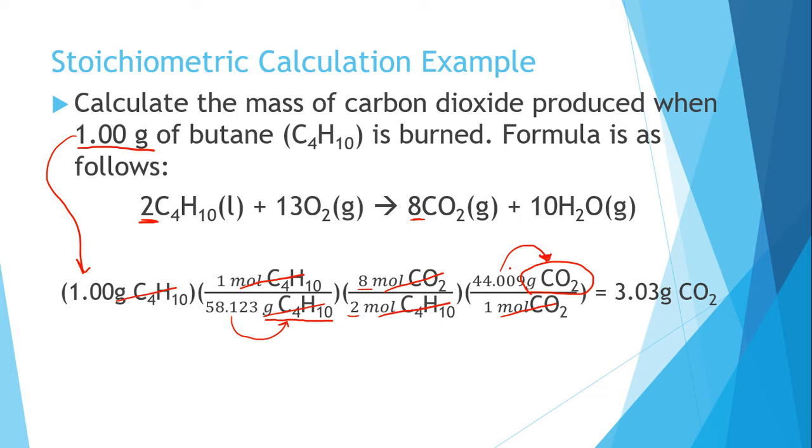Then you guys can go ahead and solve this. 1 divided by 58.123 times 8, because it's on top, divided by 2 times 44.009. You're going to get a long answer, but since I started with 3 sig figs, my answer should be rounded to 3 sig figs. So here, 3.03 grams, and make sure you include your unit, CO2.